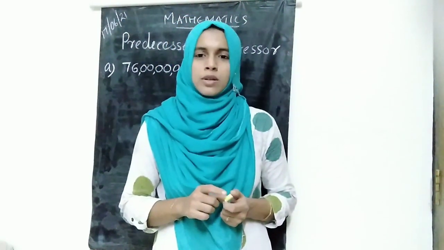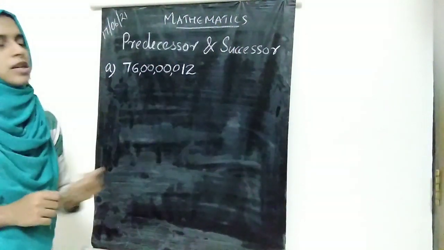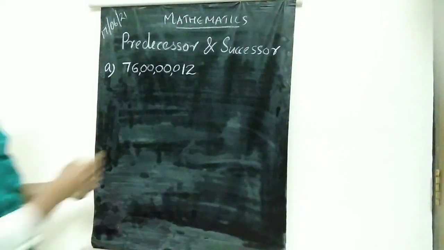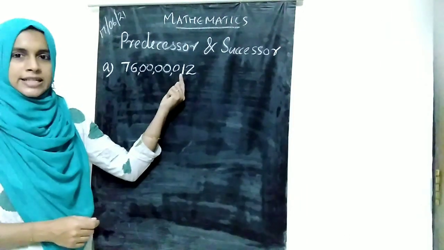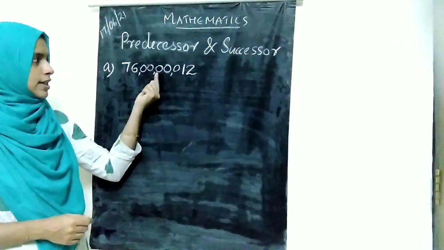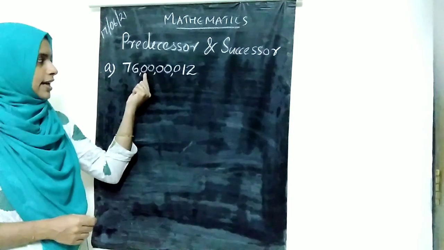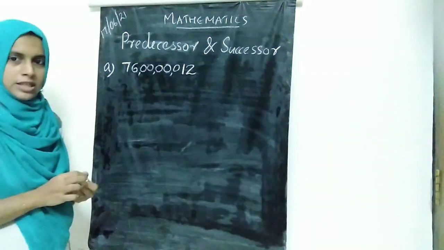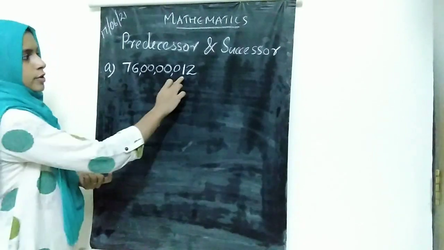So we can do some questions. Write down: write the predecessor and successor of the given numbers. First question. Here you can see ones, tens, hundreds, thousands, ten thousands, lakh, ten lakh, crore and ten crore. The number is 76 crore 12.